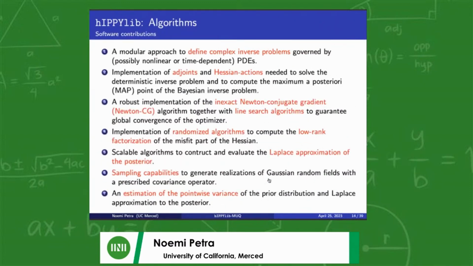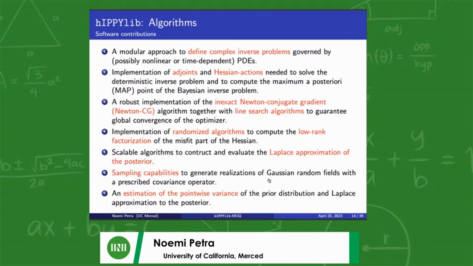Okay, some of the algorithms or software contributions that we have in hIPPYlib. It's really a modular approach to define complex inverse problems. Again, we try to keep in mind that the user should be as non-invasive as possible when it comes to modifications. We implemented adjoints and Hessian actions needed to solve the underlying deterministic inverse problem.